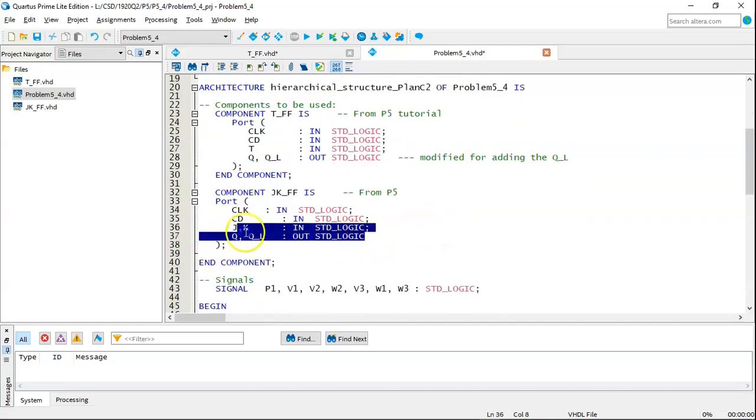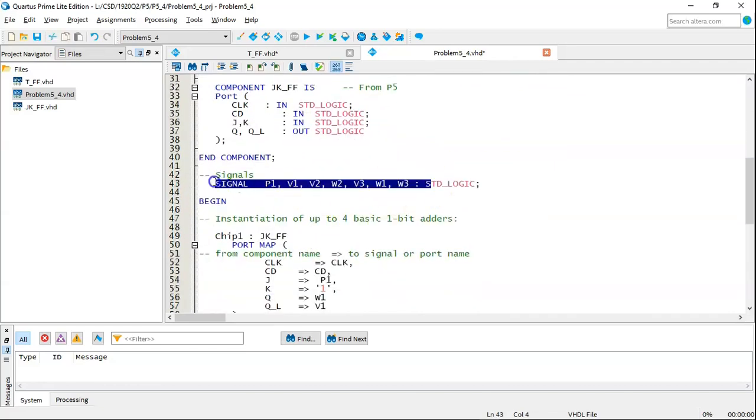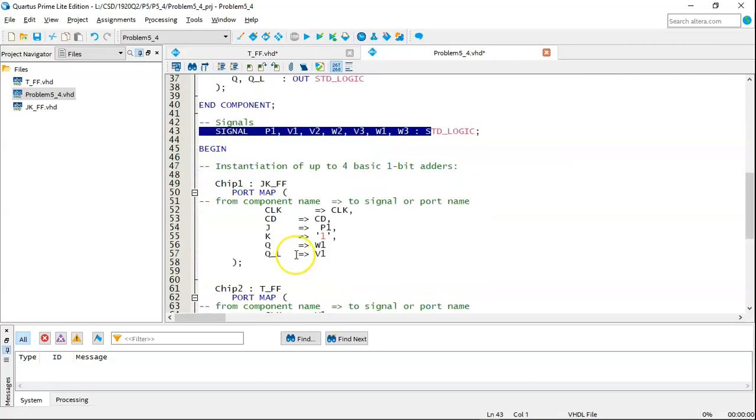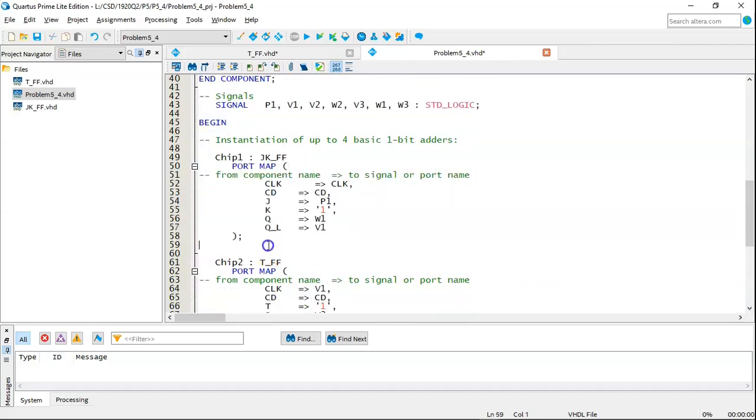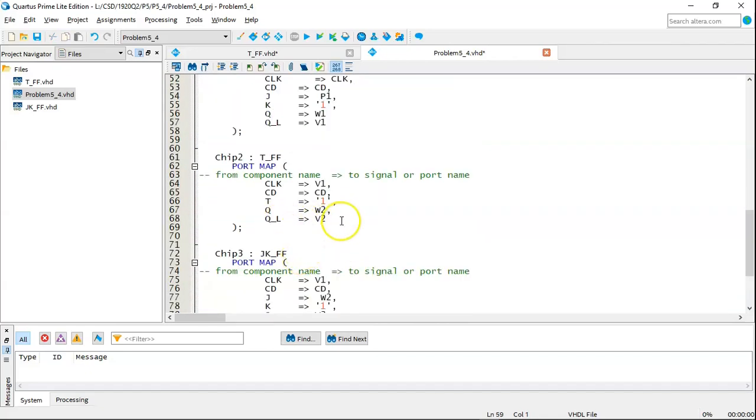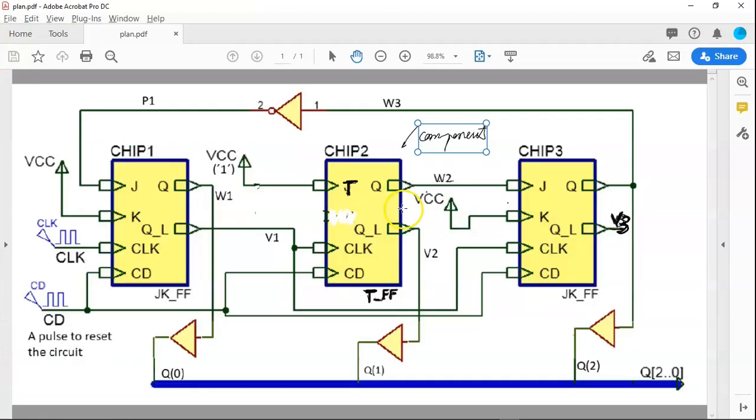The GK already had the QL, so now you have to add all the signals in the schema and finally instantiate every single chip. For example, the GK, chip 1, the T flip-flop, you see, and the QL goes to the V2 signal. The QL from this chip 2 goes to the V2, that way, right?